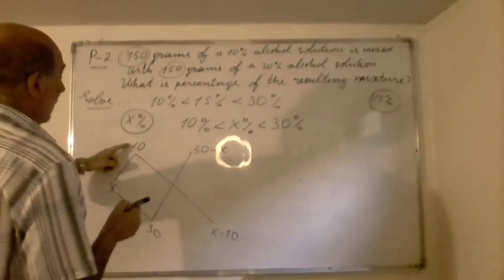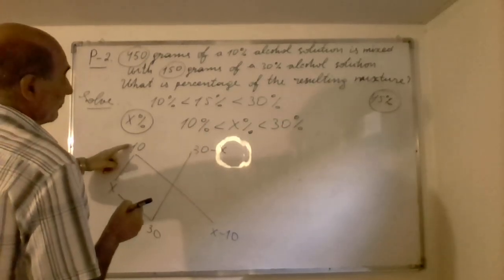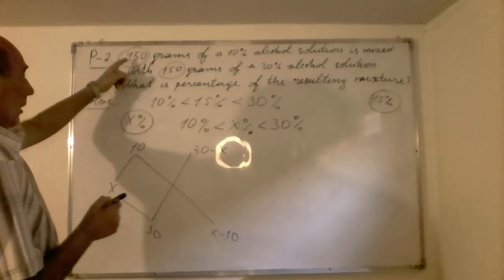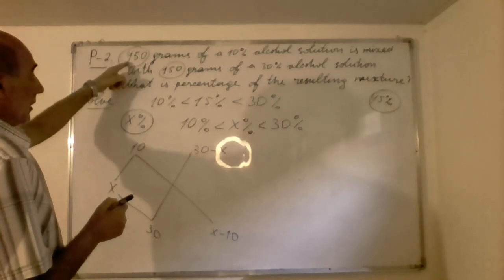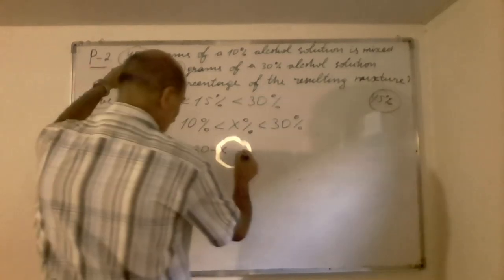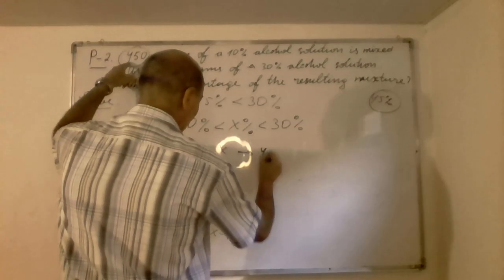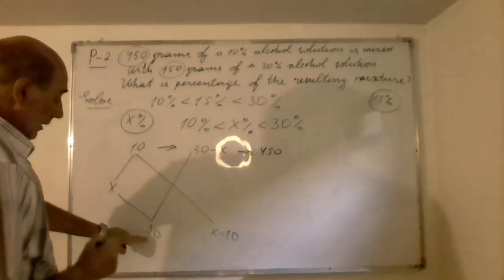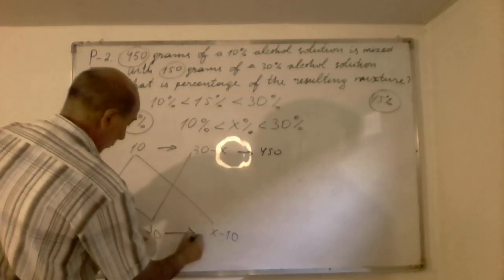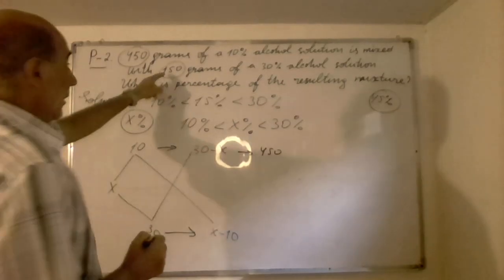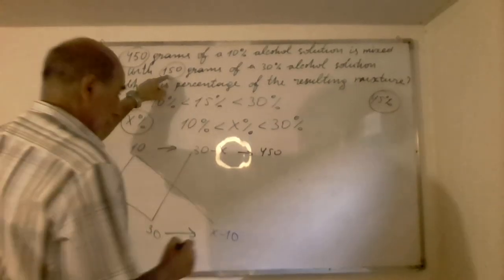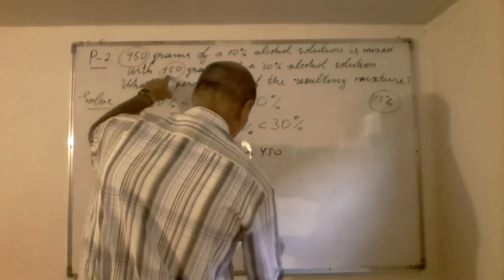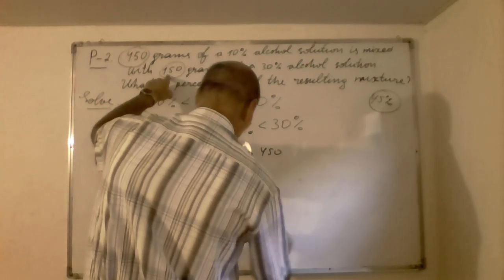And we know that the 10% alcohol solution is 450 grams. The 30% alcohol solution is 150 grams.